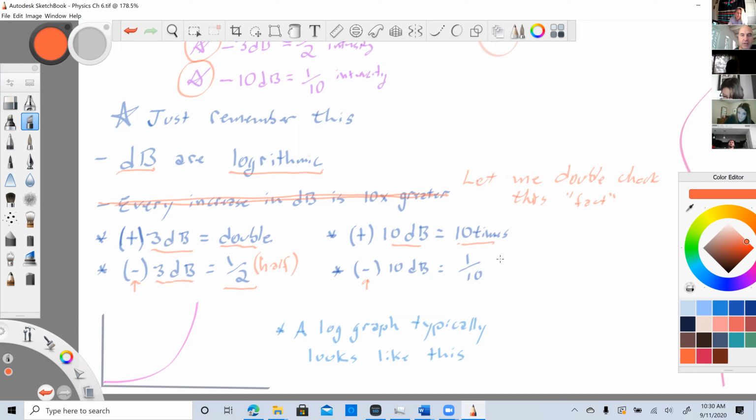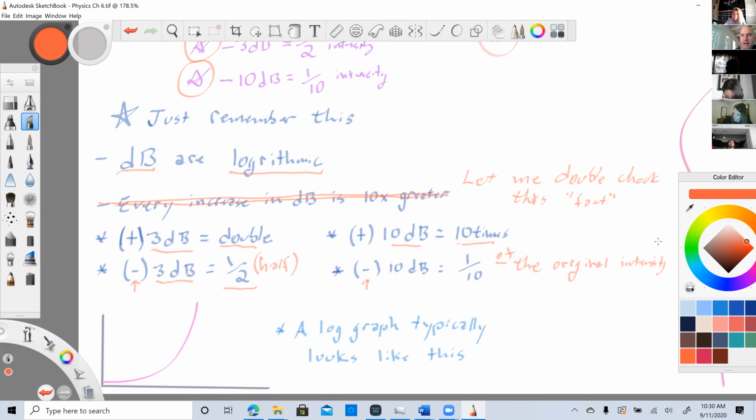So it's always, in other words, 1/10 of the original intensity.